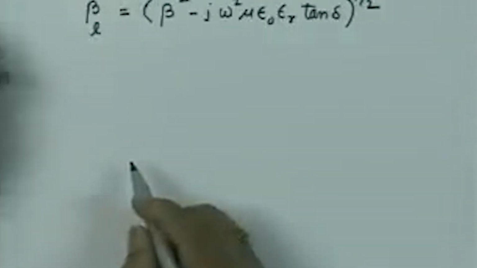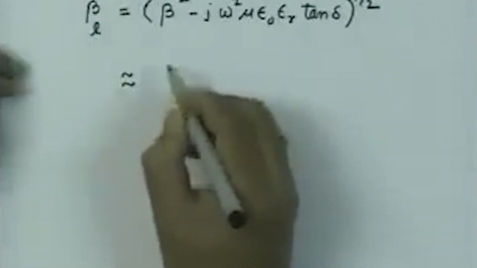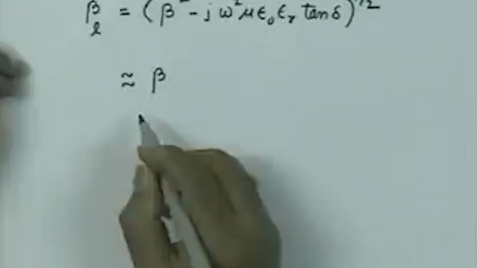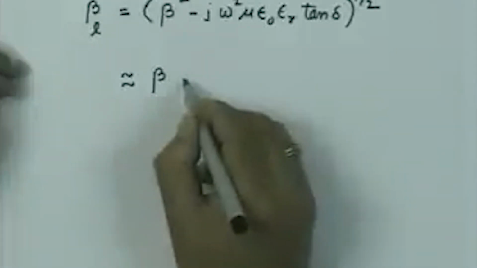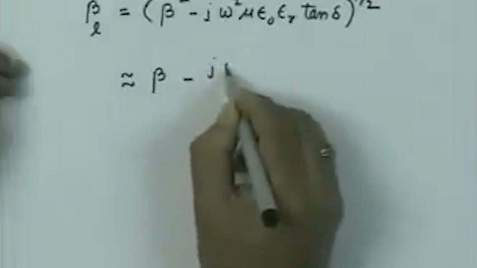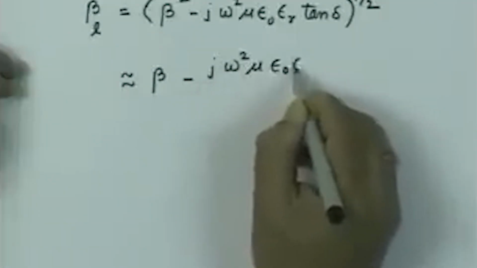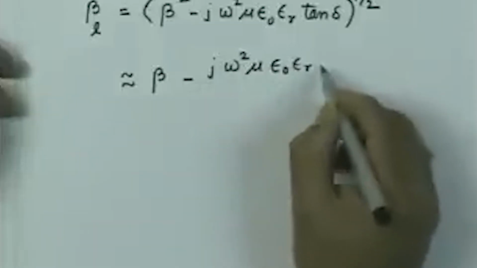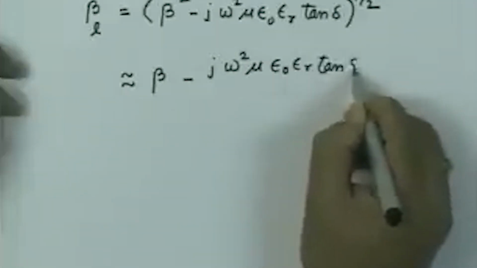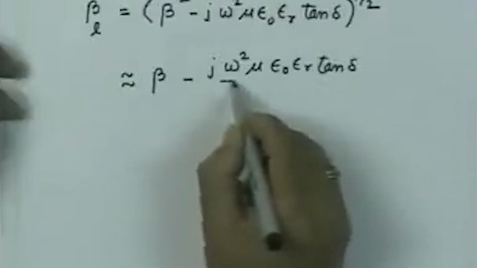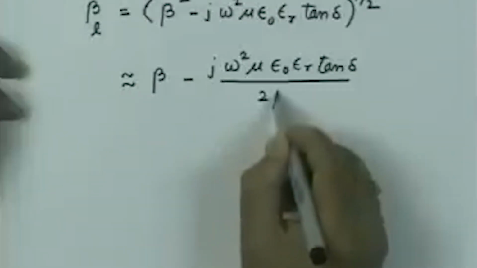And since this quantity is very small, because tan delta is very small, this approximately we can write as beta minus j omega square mu epsilon 0 epsilon r tan of delta divided by 2 beta.